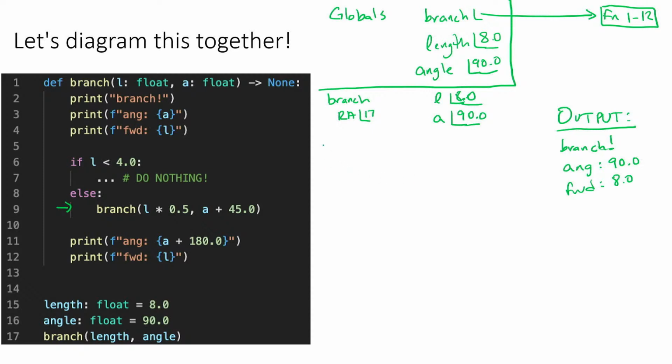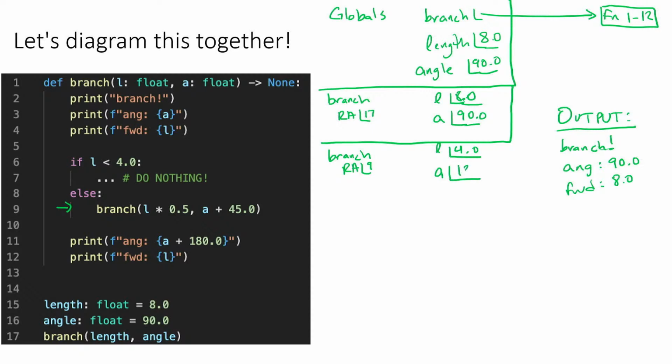So let's set up a frame for this branch. This call to branch is on line 9, and it has an L of the current L, which is 8, times 0.5. So half of L is going to be 4.0. And A, the angle, we're adding 45 to it.